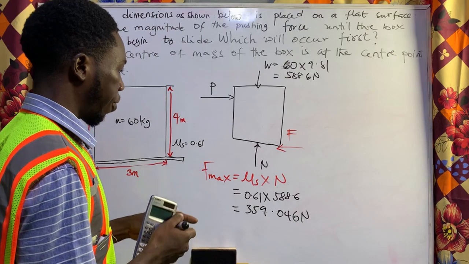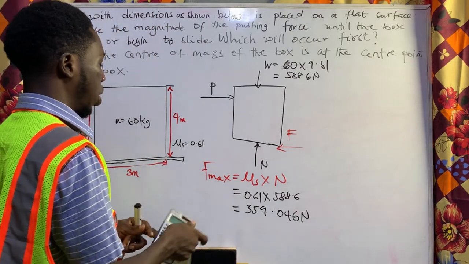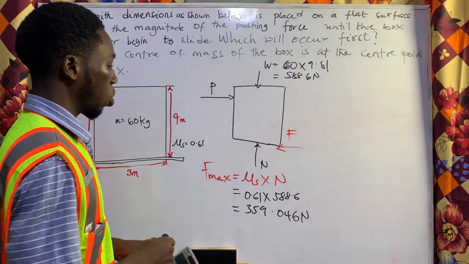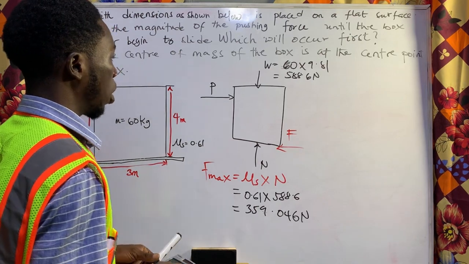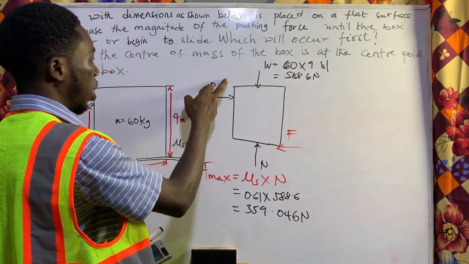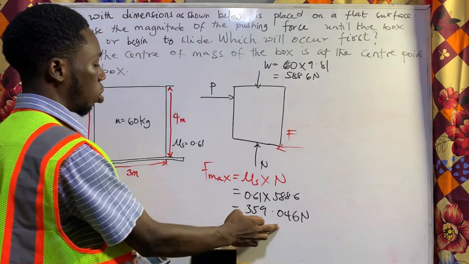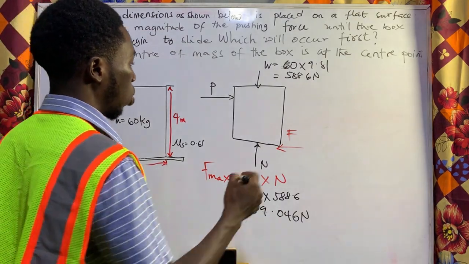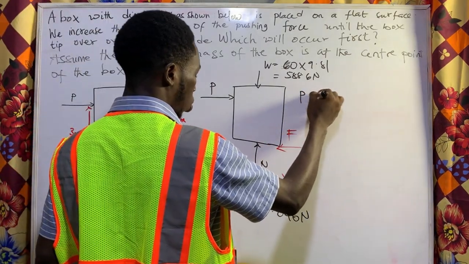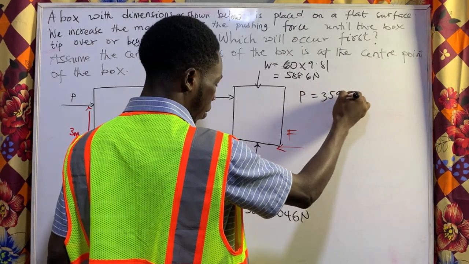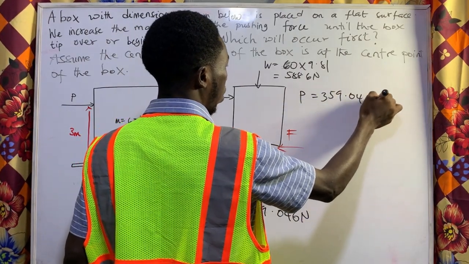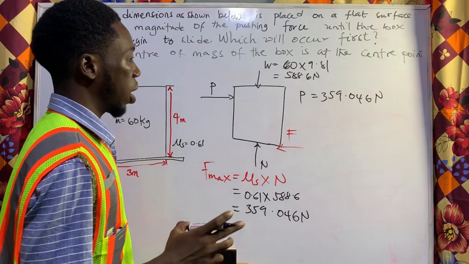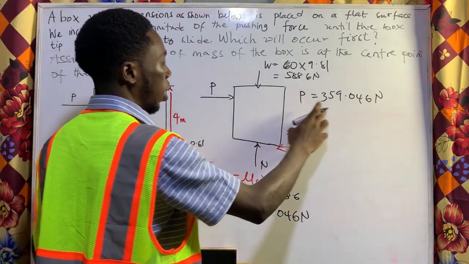This is the maximum friction that will be present due to these two surfaces in contact. Before the box will start sliding, this P value here must be equal to this value here. So P will be equal to 359.046.